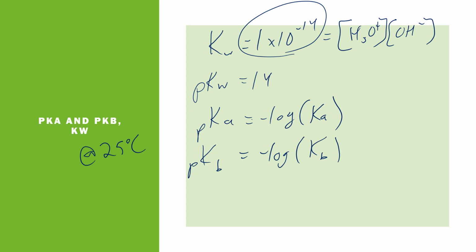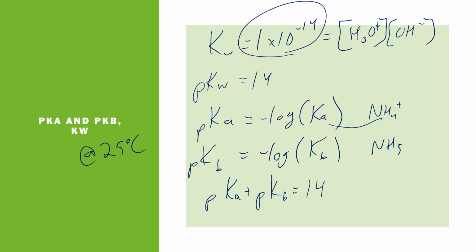Now if you have two things that are conjugates of each other, then you can do pKa plus pKb equals pKw, or you can simplify that to just 14 because it's almost always at 25 degrees Celsius. That's really helpful, but it only works when they're conjugates. So if NH4 plus is your acid, and your base is NH3, you would need to use the Ka value for NH4 plus.